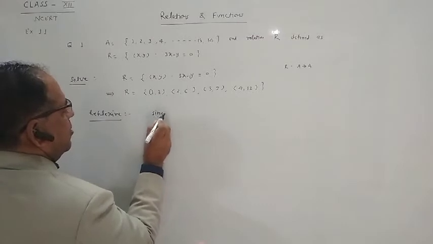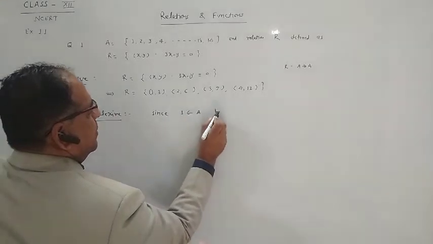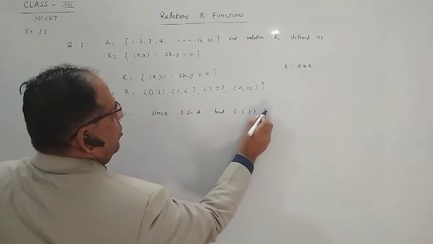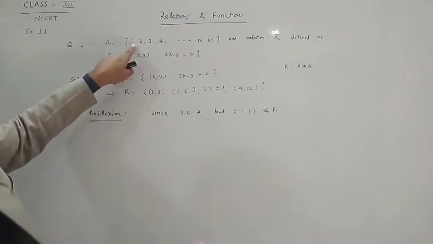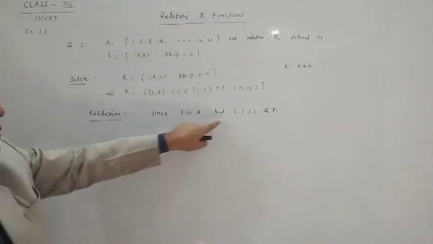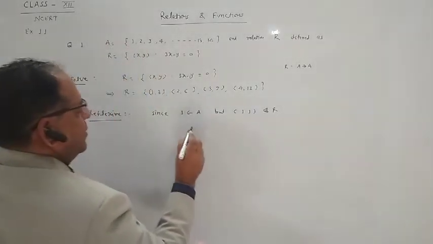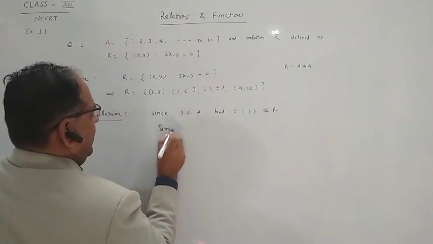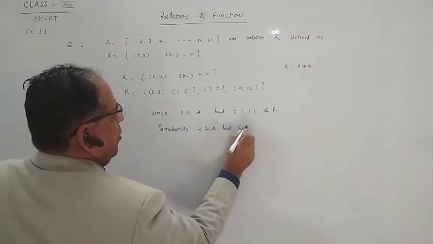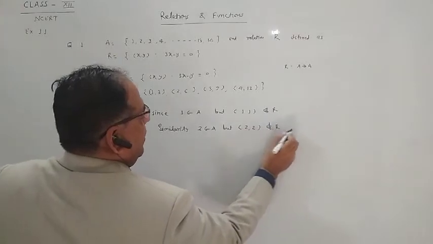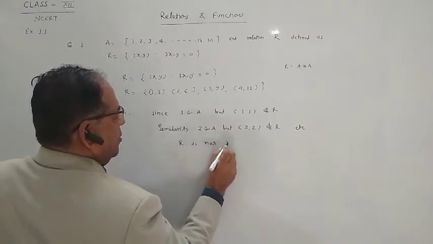Since 1 belongs to A, but (1, 1) does not belong to R. According to the reflexive relation, each element of set A must have its self pair in relation R. Here it is clearly seen that 1 is an element of A, but (1, 1) does not belong to R. Similarly, 2 belongs to A, but (2, 2) does not belong to R, etc. So R is not reflexive.